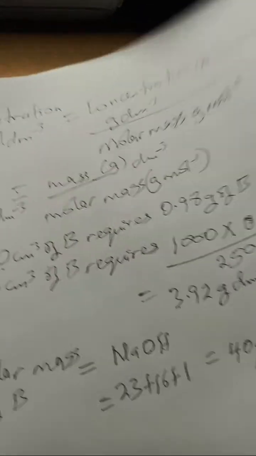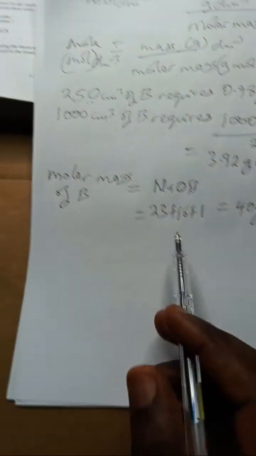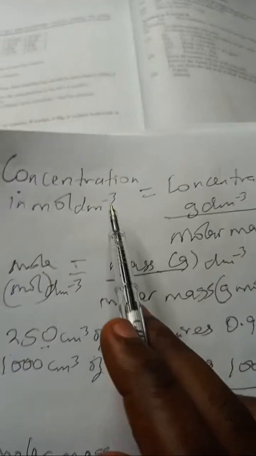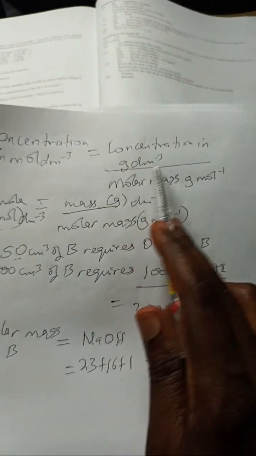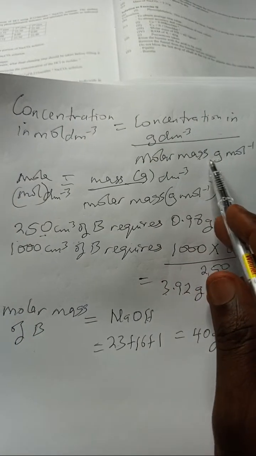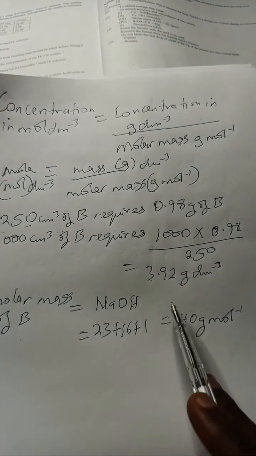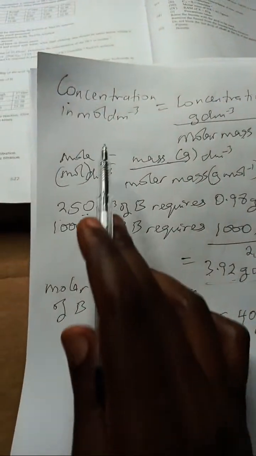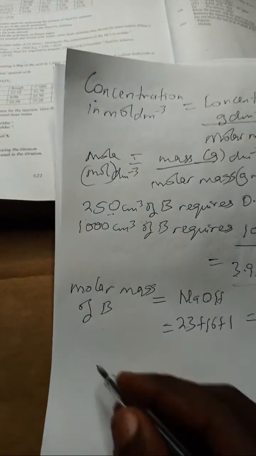So to go to the question now, for us to calculate the concentration of B in moles per dm cube. Using this formula, concentration in moles per dm cube is equal to concentration in gram per dm cube over molar mass. We have gotten gram per dm cube, which is this, and we have gotten our molar mass. So the next thing is for us to slot it into the formula.